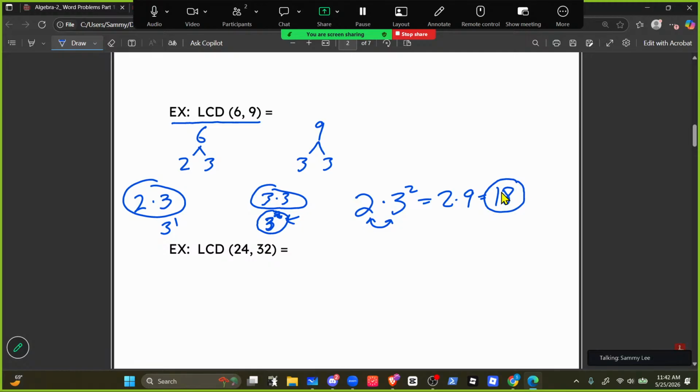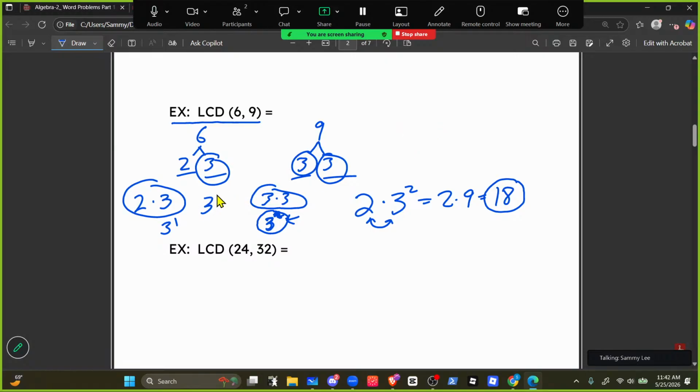Do you understand what I just did? Yeah. Yeah, so like I said, just one more time. You're going to take the product of their prime factors. But notice how they both share a 3. In that case, you're going to have to take the one factor with a higher exponent, which in this case is 3 squared.